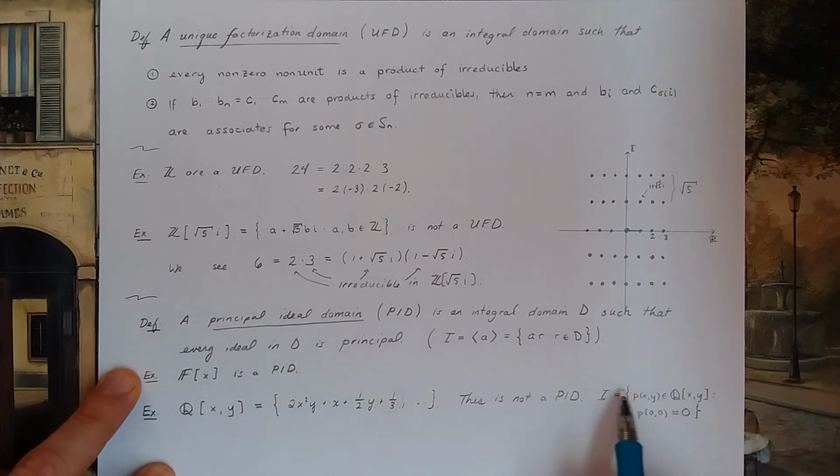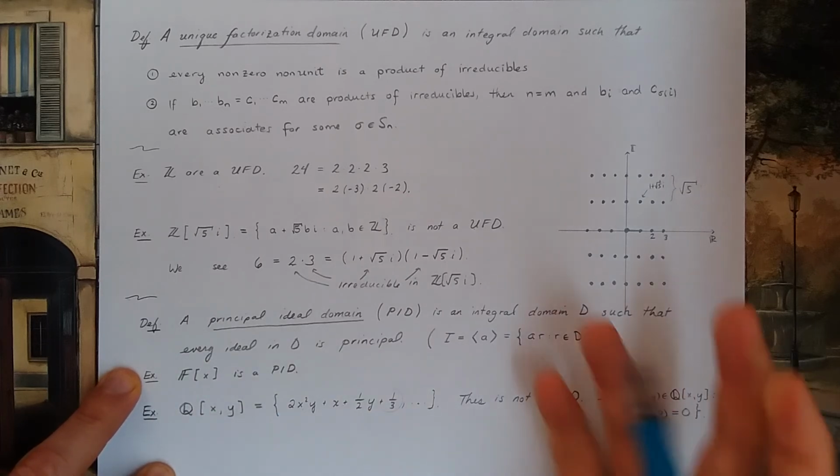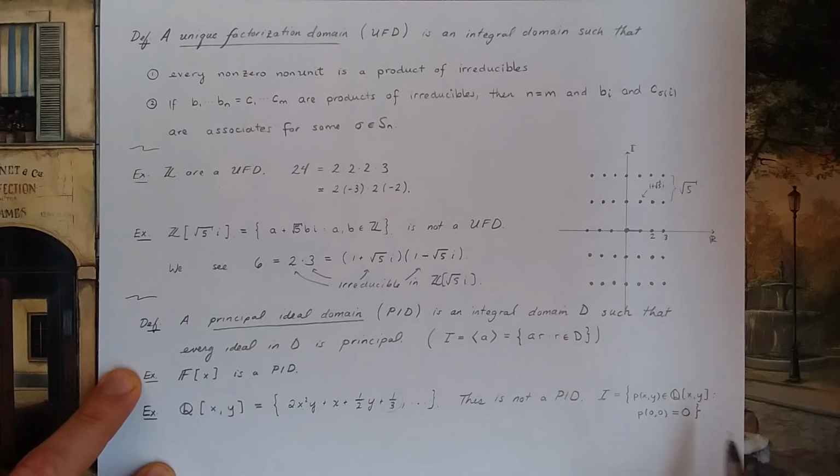Well, this ideal cannot be generated by a non-zero constant like 1/3, because a non-zero constant is not in the ideal. So if this ideal was to be generated by a single polynomial, it would have to be a degree 1 polynomial.